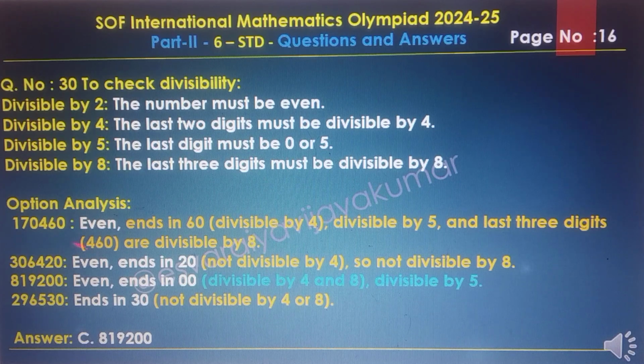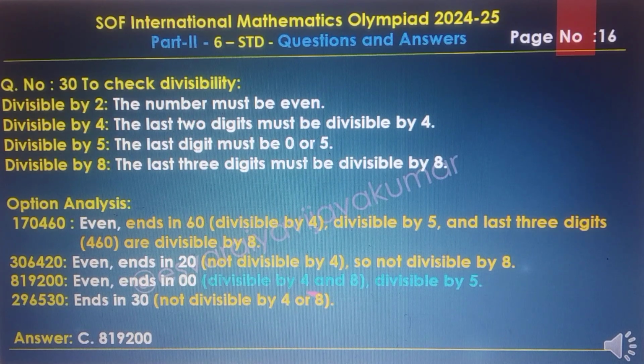The option analysis. 170460 is even, ends in 60 and is divisible by 4, divisible by 5, and the last 3 digits 460 are not divisible by 8. 306420 is even, ends in 20, not divisible by 4 and not divisible by 8. 819200 is even, ends in 00, divisible by 4 and 8, and divisible by 5.